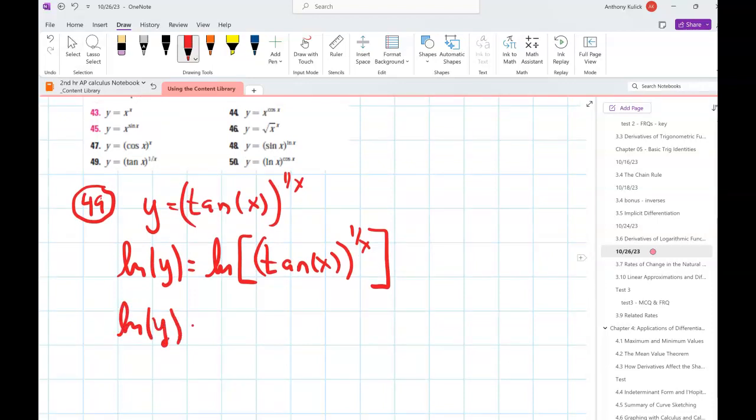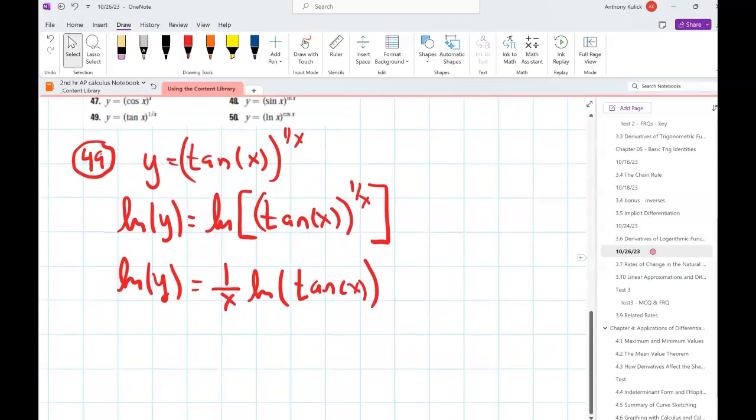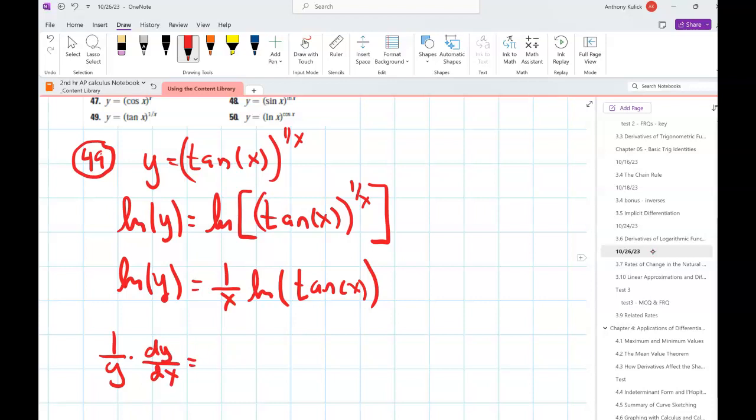The first logarithmic property I'll apply is the power property, which allows me to rewrite that exponent as a coefficient, because there's no multiplication or division going on inside that logarithm, so we just go straight to the power property. Now I can take the derivative of both sides. The derivative of natural log of y is going to be 1 over y dy dx, because I'm doing implicit differentiation here.